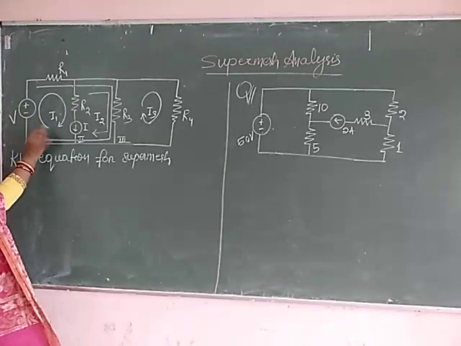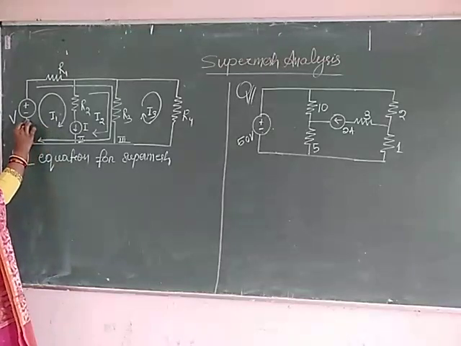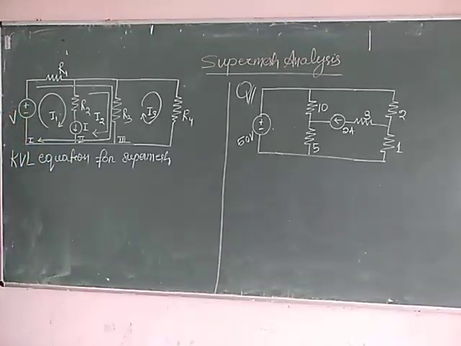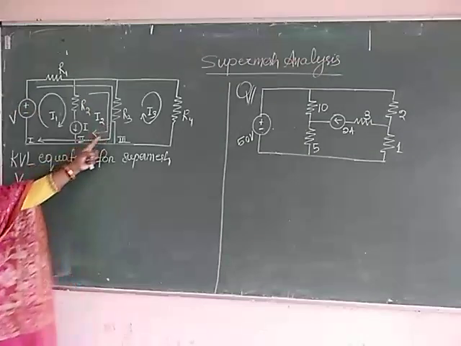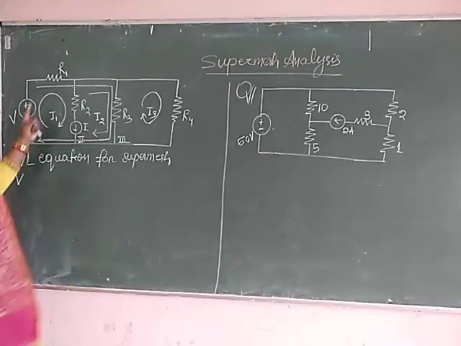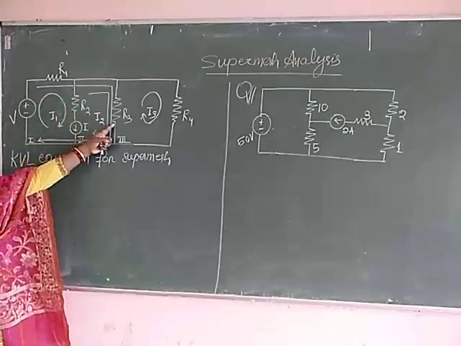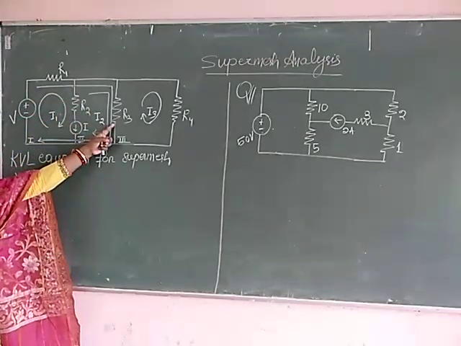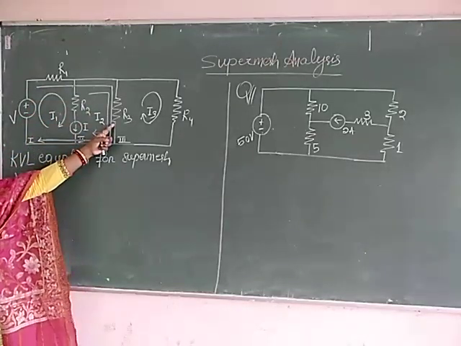Here I1 current flows from negative polarity to positive polarity. Hence, the polarity of this voltage source is V. Then this super mesh consists of R1 and R3 resistors where voltage drop takes place.